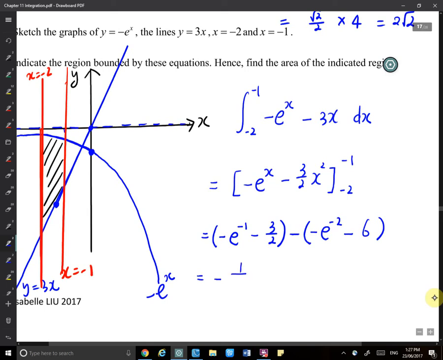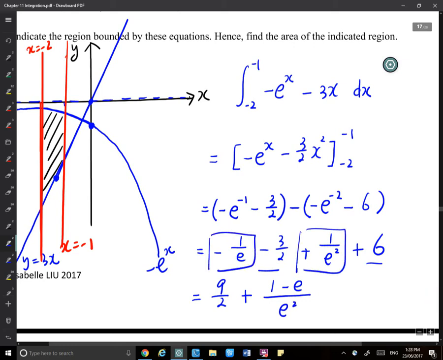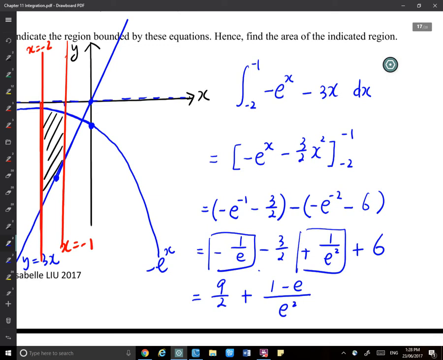This is 1 over e minus 3 over 2 plus 1 over e to the power of 2 plus 6. 12 minus 3 is 9, so 9 over 2 plus 1 minus e over e to the power of 2, or you can just write those two separately. No, that's also correct.